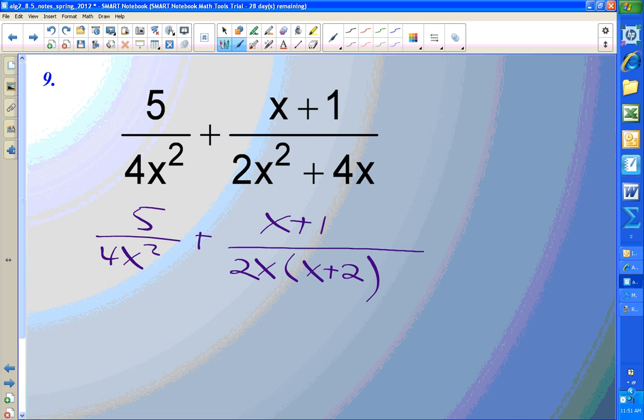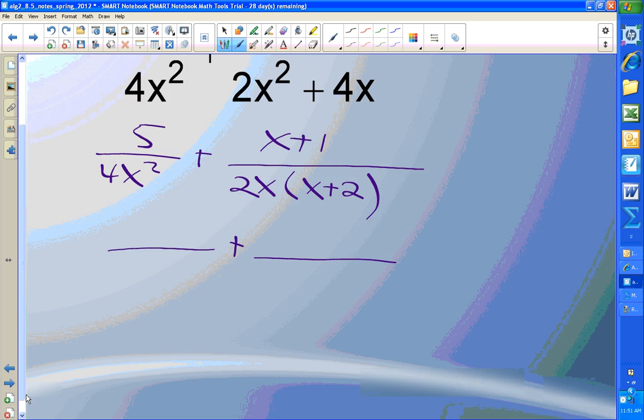But if you look at the 4 and the 2, what's the smallest number 4 and 2 both go into? 4. How about the x's? What am I going to take? x squared, because that's the bigger power. And then we have to have x plus 2. So 4x squared times x plus 2.